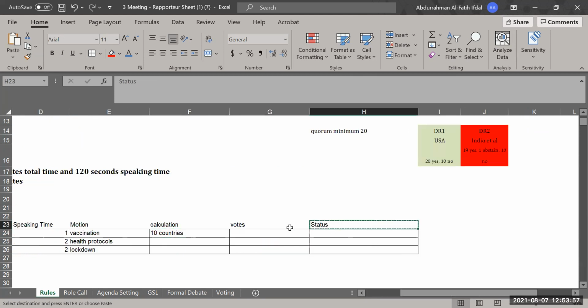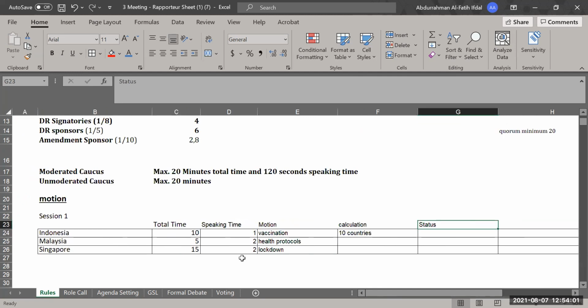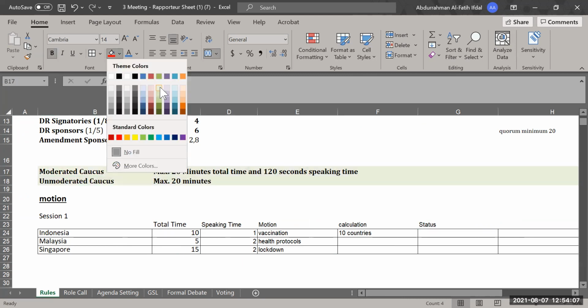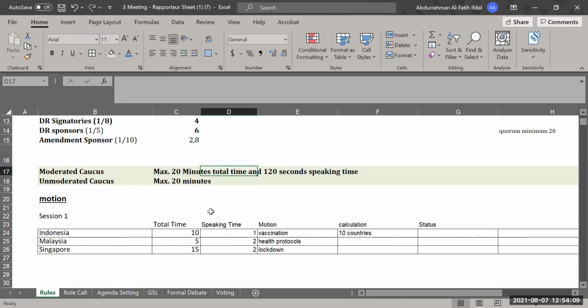So I want you to answer regarding the stats. Which motion is decided as the chosen one based on this requirement? You can only have a maximum total time of 20 minutes, and for speaking time, the maximum is 120 seconds. Let's say this one is an unmoderated caucus.